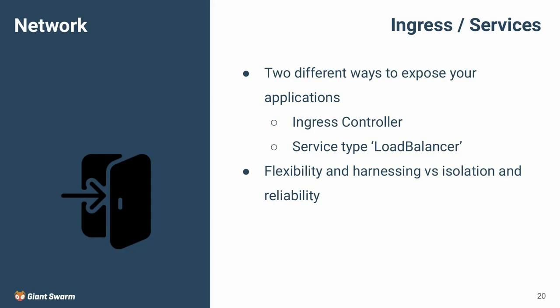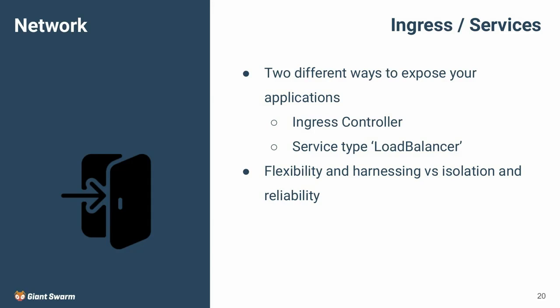So there is isolation and reliability attached to this approach, but at the same time you are probably wasting resources. So at the end, my advice is you have to use an Ingress controller, and if you are using different types of applications with different types of SLIs, probably you will end up using different Ingress controllers even if you run in the same cluster.